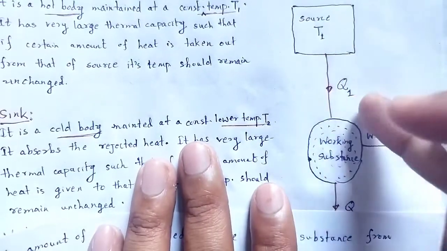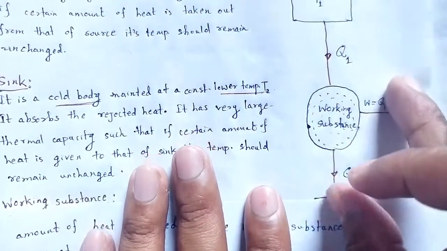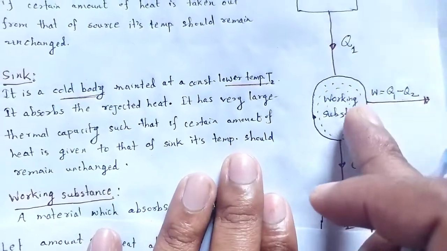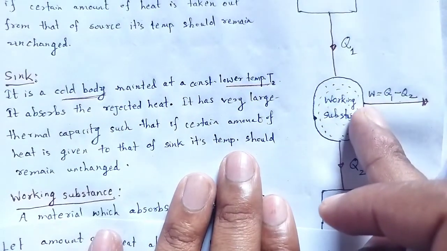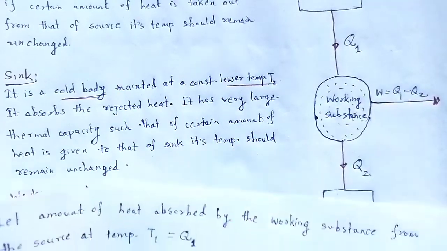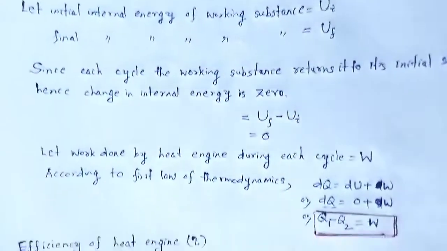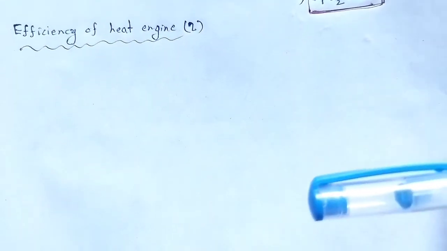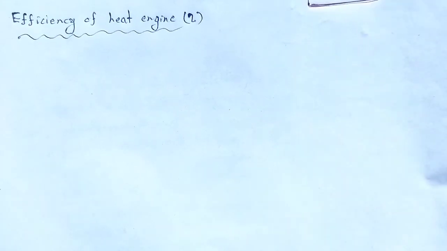The source at temperature T1 supplies the heat Q1, the sink at temperature T2 receives the heat Q2, and the work done is Q1 minus Q2, the difference in heat. This is the working of the heat engine. Now, what is the efficiency of a heat engine, denoted by eta?